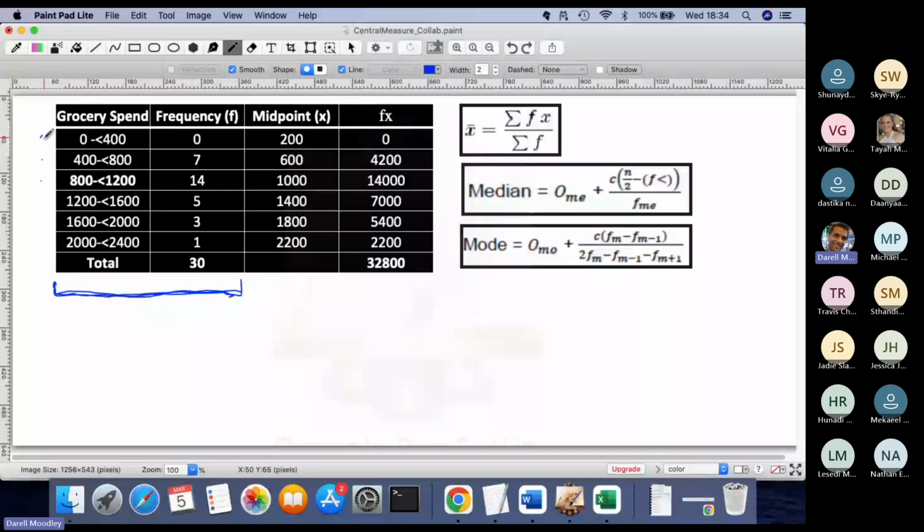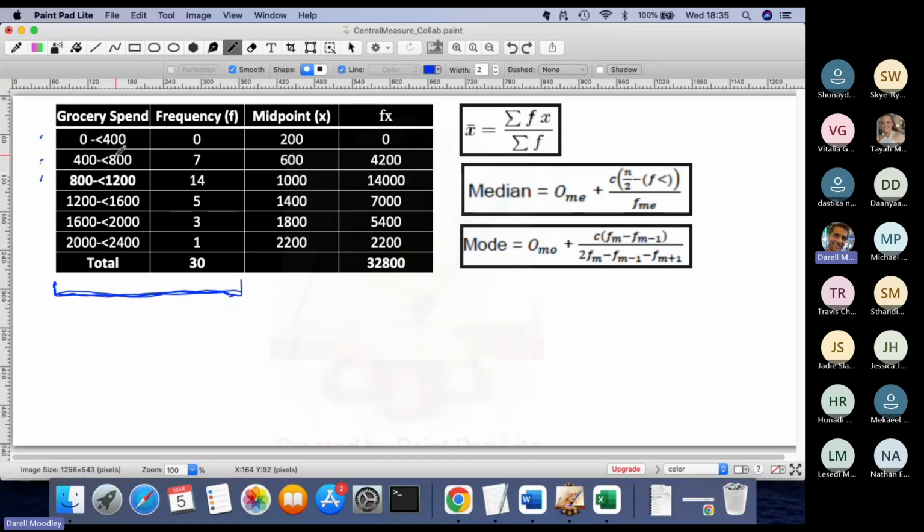And what you'll notice is as I go from row to row, the interval width is going in 400s. What I mean by that is the first band, you can spend between 0 and 400. So the range, that is, if I take the highest number in this band minus the lowest number, 400 minus 0, that's 400. In the next row, that class width is still the same.